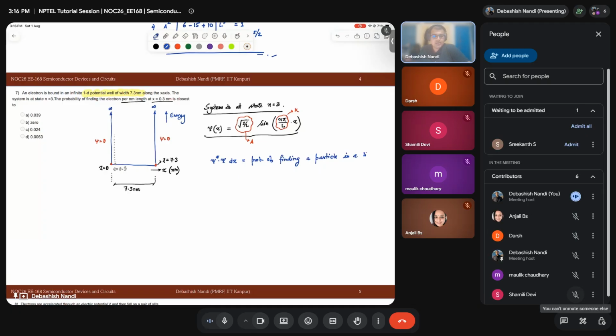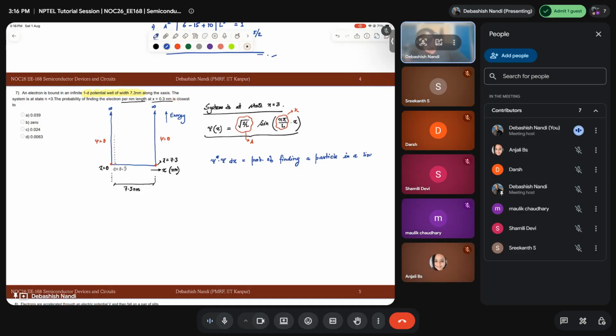We call it a line width, right? As a line width of dx. Fine.